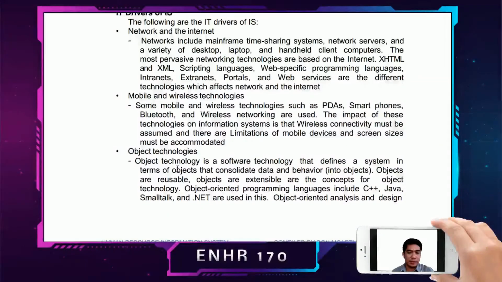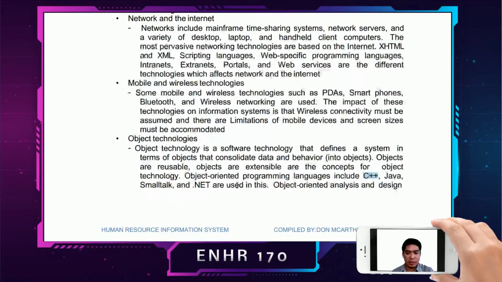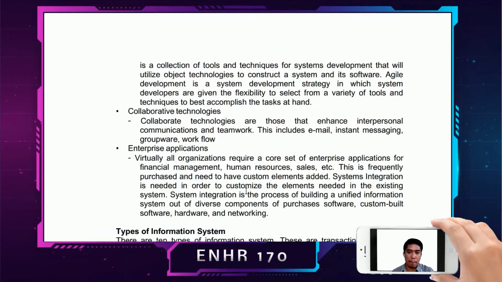Object technologies: what is the definition? It is a software technology that defines a system in terms of objects that consolidate data and behavior into objects. Examples are C++, Java, and Smalltalk. I'm not really so familiar or adept in using these things.